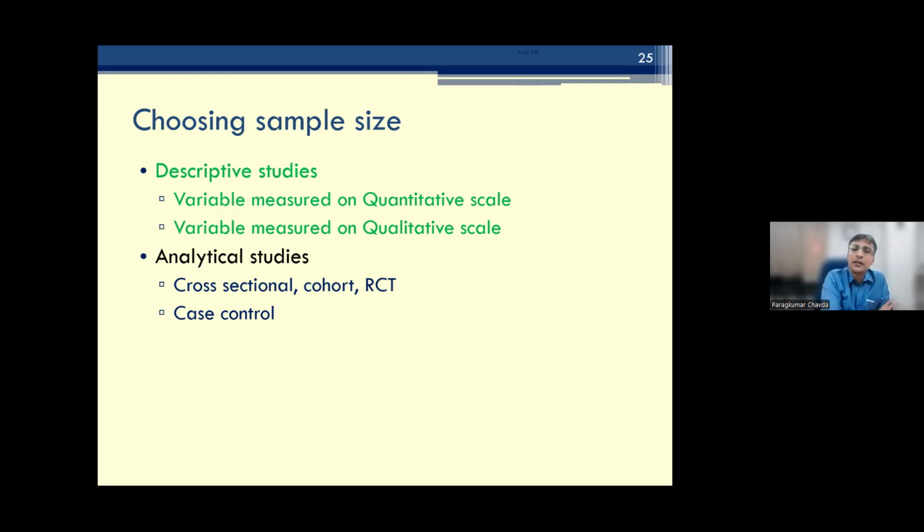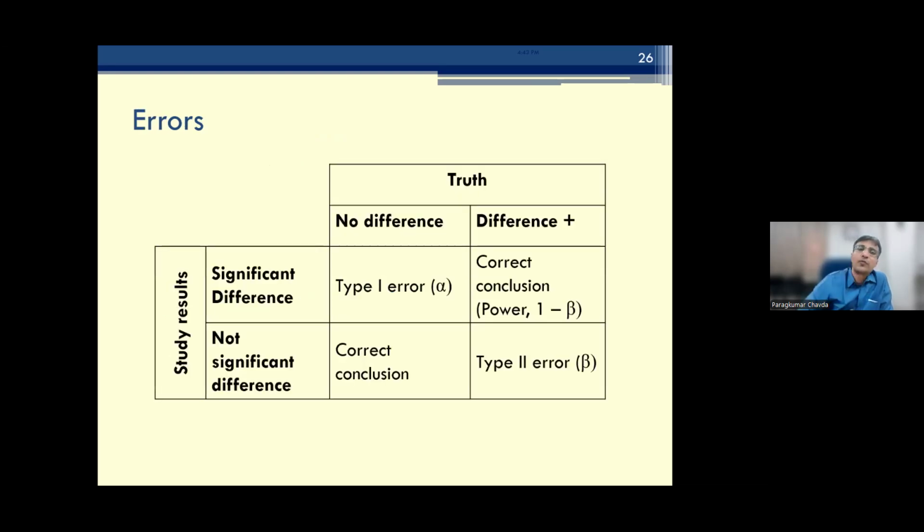Even in descriptive and analytical, both of them, the software would be able to give you the sample size. So if you do not wish to go into the formula calculation, just feed the numbers to the software and it would give you the required sample size in descriptive as well as analytical studies, right? But descriptive, you can do by your own hands as well, whereas analytical, you will need the use of software.